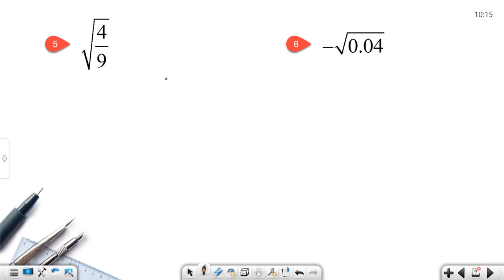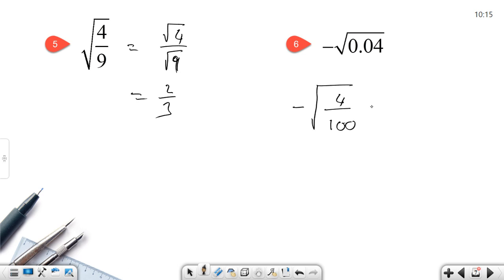Okay. What is the idea of that one? That's a property. I can write square root of 4 over square root of 9, and that's equal to 2 over 3. Why? Square root of 9 is equal to 3. Okay, let's continue. That's negative 0.04. That's an interesting number. I can write it as a fraction. How? Negative 4 over 100.